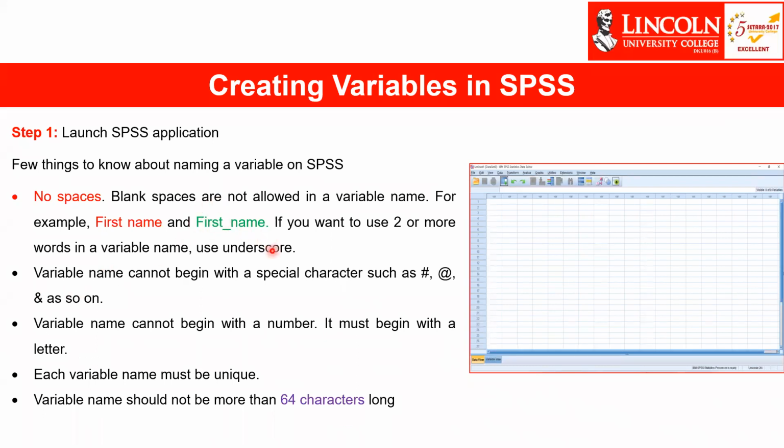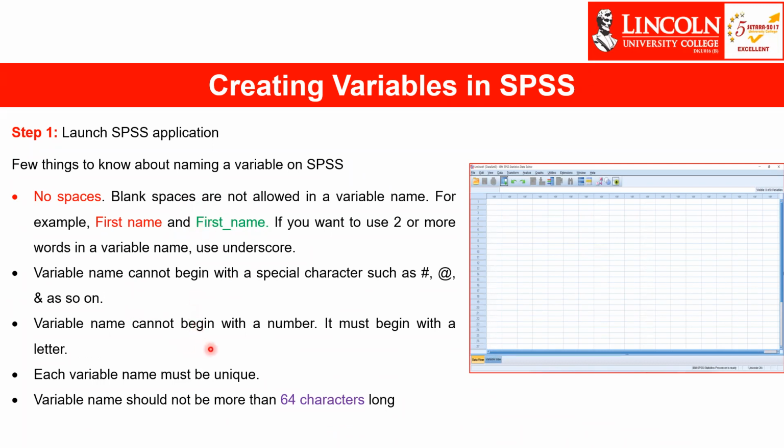All those kinds of things are not allowed in the formation of your variable names. And also, variable names cannot begin with a number, with a digit. Meaning that you cannot start with one first name, or one name, or two name, or three name, or four name, and so on. A digit cannot be the first character of a variable name.